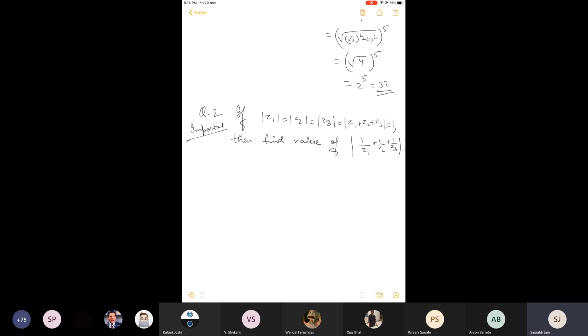All right, try this. Mod of Z1 equals mod of Z2 equals mod of Z3 equals mod of Z1 plus Z2 plus Z3. All of them are equal to 1.